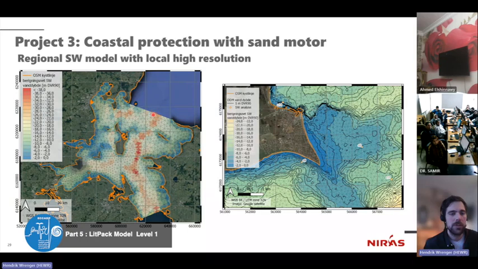So the input of energy here is of limited relevance, but you might as well include it. And then a very high resolution to resolve the wave transformation around these contours here. It goes down to 4 to 1 meter, and on the south it's a bit steeper. And then here that bar extends.